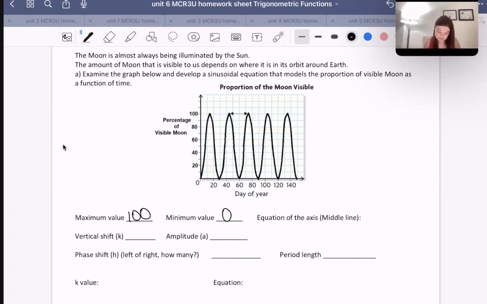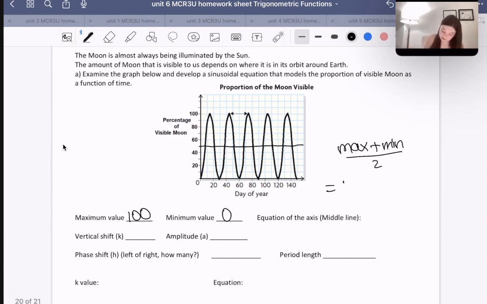The next one says equation of the axis or the middle line. So how do we know what is the midline? Well, we can just visually see that it's probably 50, but how could we find that out for real? What we need to do is take the max plus the min and divide by 2. Something mentioned, I believe maybe 2 videos ago, is that the minimum plus the maximum divided by 2, or finding the value equidistant between minimum and maximum, is what's going to give us the midline value.